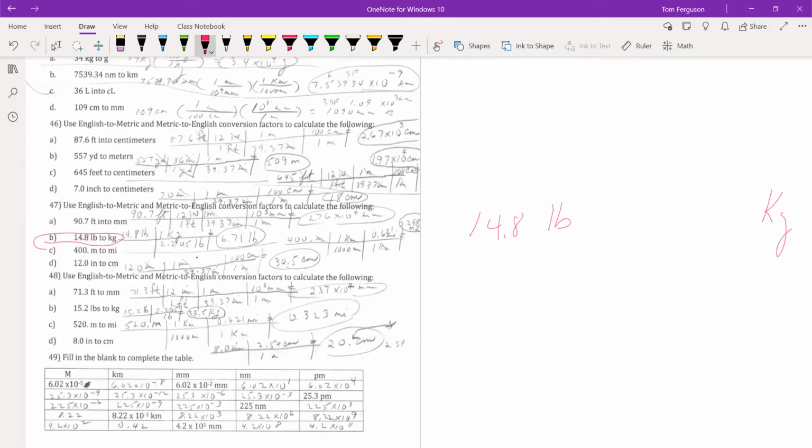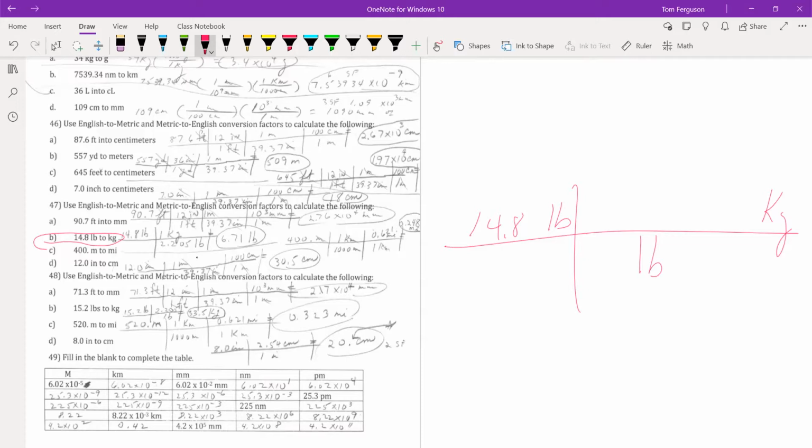All right. So right away, we need to cancel out the pounds. So what conversion factors do you know that will get rid of the pounds? It's going to be nice if it involved kilograms. Do we know a kilogram to pound conversion? Yes, we do.